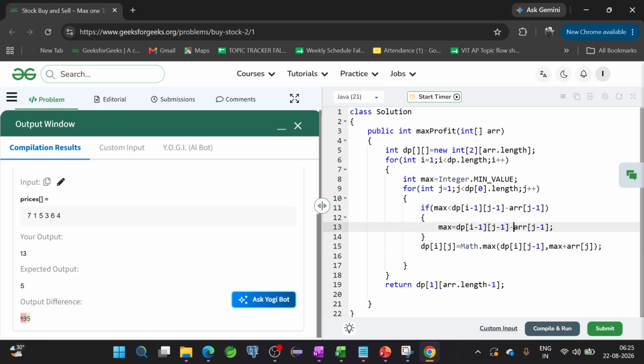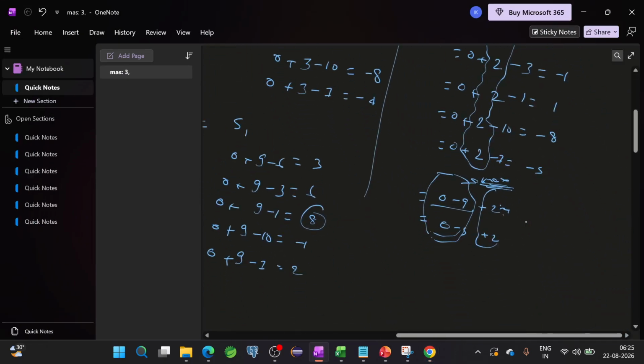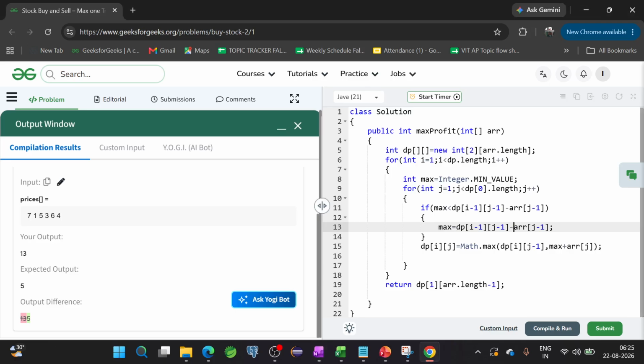So that way here we got the formula. Here this one 0 minus 9, 0 minus 3, then here we can add the value.